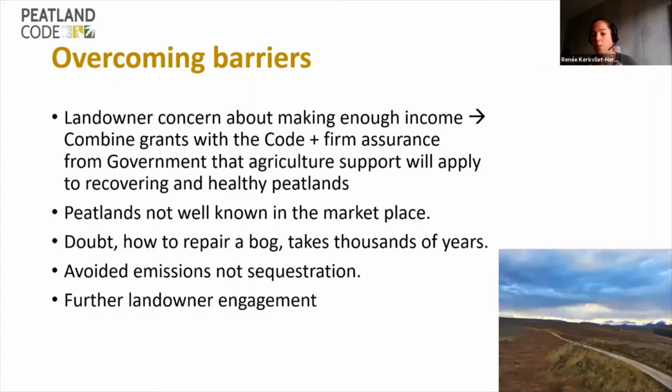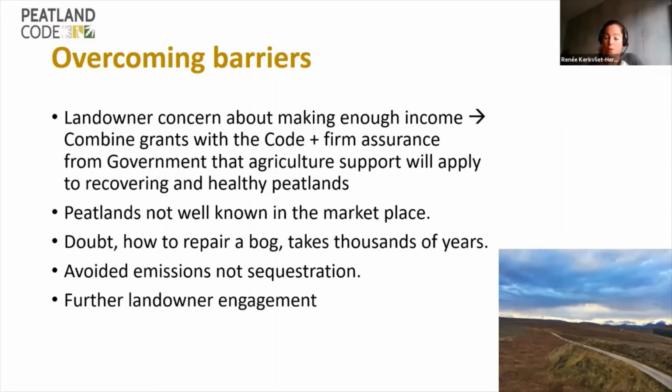One of the key barriers that we have been told is landowner concern about making enough income, especially if there's a risk of losing agricultural subsidy by rewetting the land. One of the solutions there is to combine the grants with the code. Like I said, we allow the blended finance of public and private finance, so that helps reduce the cost and the risk to the landowner if you're doing that.